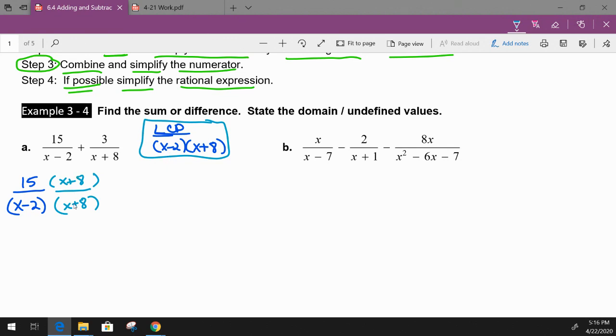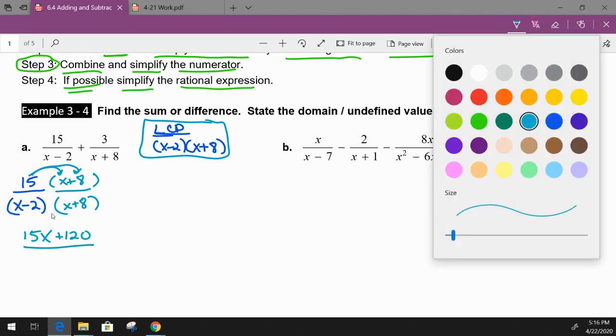Again, x plus 8 divided by x plus 8 has a value of 1. So we're not really changing the value of our fraction. We're just going to change the way it looks. So now when I distribute that 15, my new fraction will be 15x plus 120.